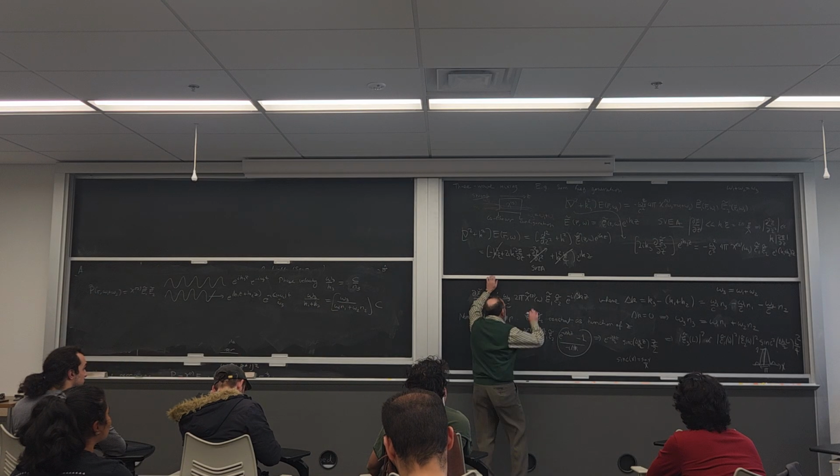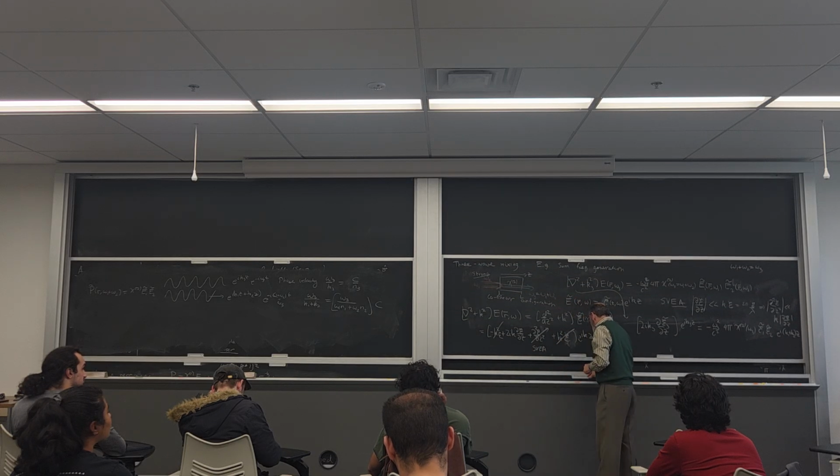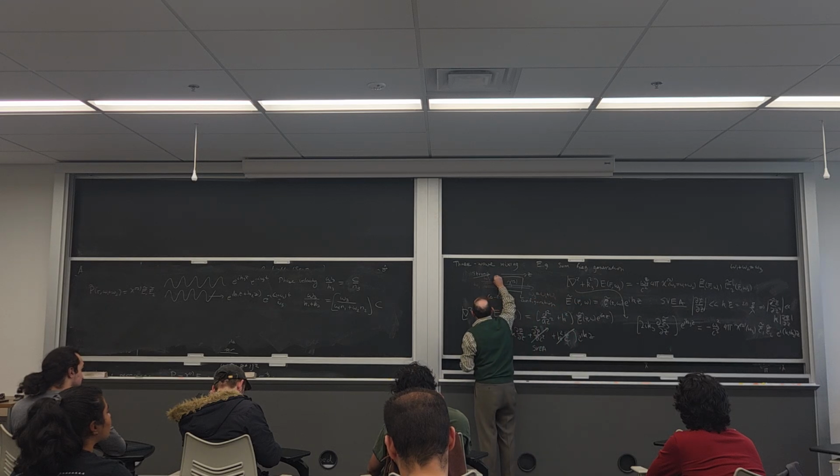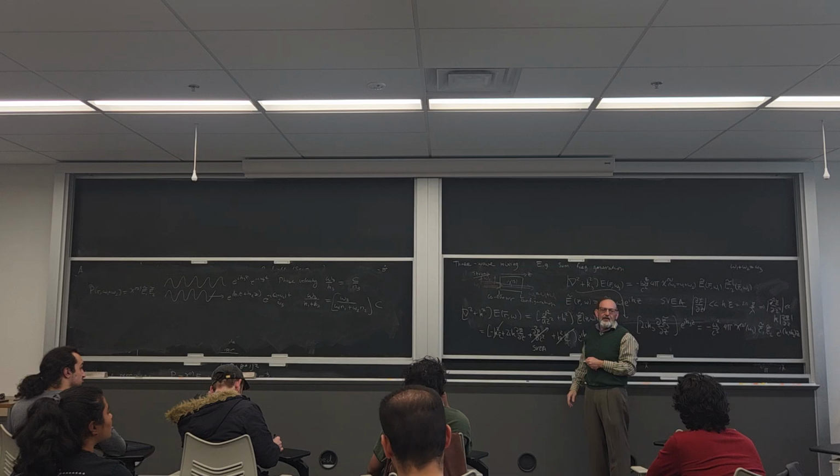So let me come back to this board. And I'm going to now put in the polarizations. So let's say these guys were both linearly polarized, and let's put them linearly polarized in the same direction.